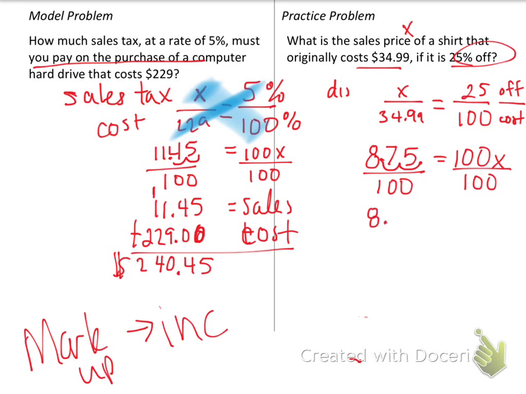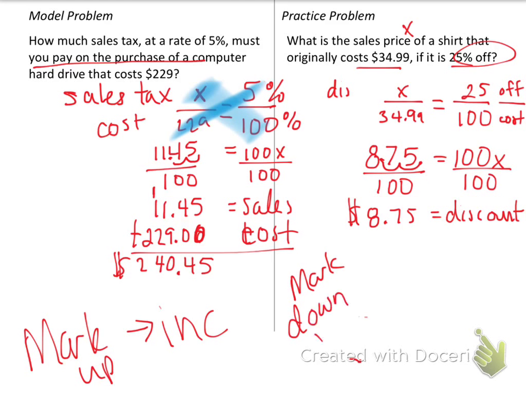So you get $8.75 is your discount, or how much you're selling it for, right? So here is why it's called a markdown. Is because you're making it decrease. It's decreasing. So instead of adding it to $34.99, we are going to subtract it.